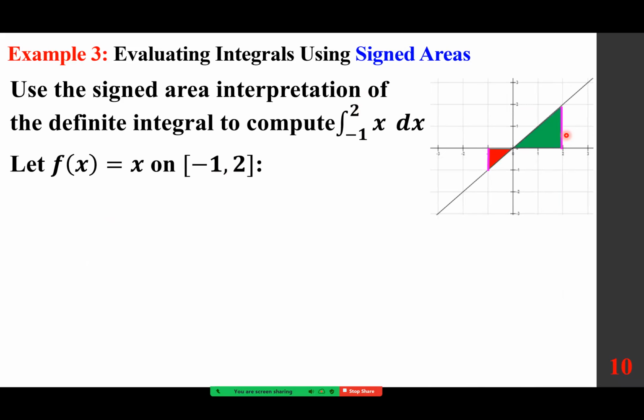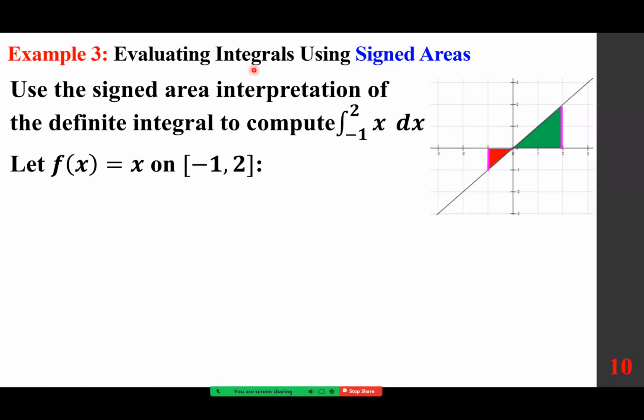Now, it's important to know that this represents the difference of areas, not the area, unless it's a positive function. Because this part is positive, we take it as positive and we calculate it. This is negative, we take it as negative and calculate it, and the difference will be the answer.